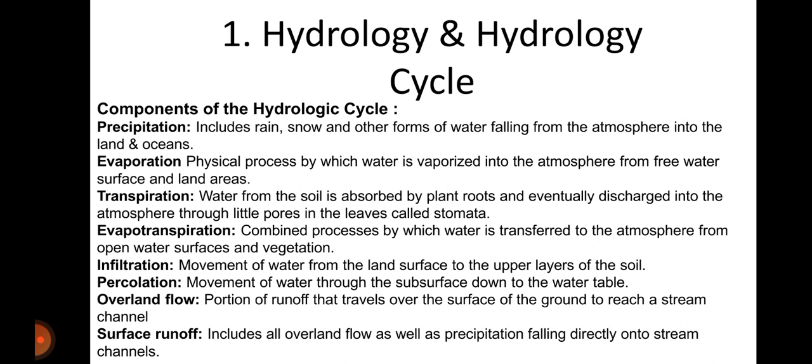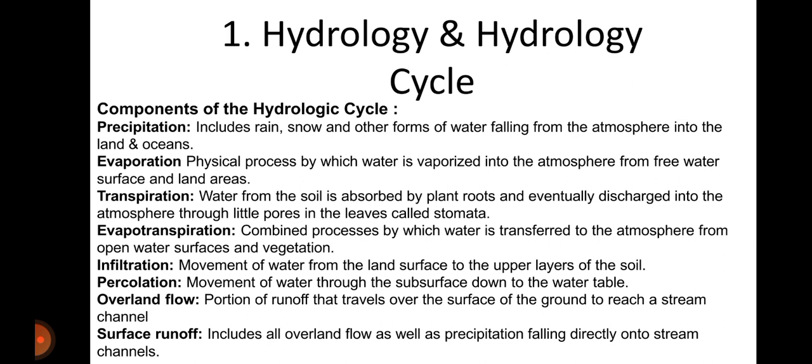The third one is transpiration, where the water from the soil is absorbed by the plant roots and eventually discharged from the plant surfaces to the atmosphere through little pores in the leaves called stomata. Then evapotranspiration is the combined process by which water is transferred to the atmosphere from open water surfaces and vegetation.